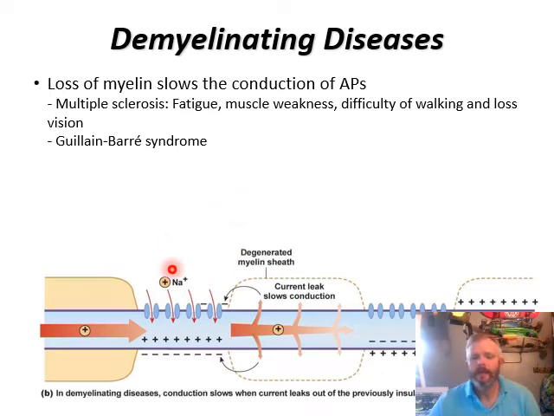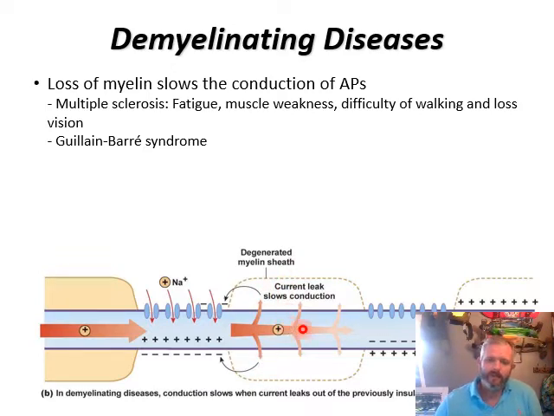So this myelination is great. It allows us to speed the conduction. Okay? But there are diseases that may affect the myelinated neurons. There are certain autoimmune diseases in which the immune system attacks this myelin and destroys it.